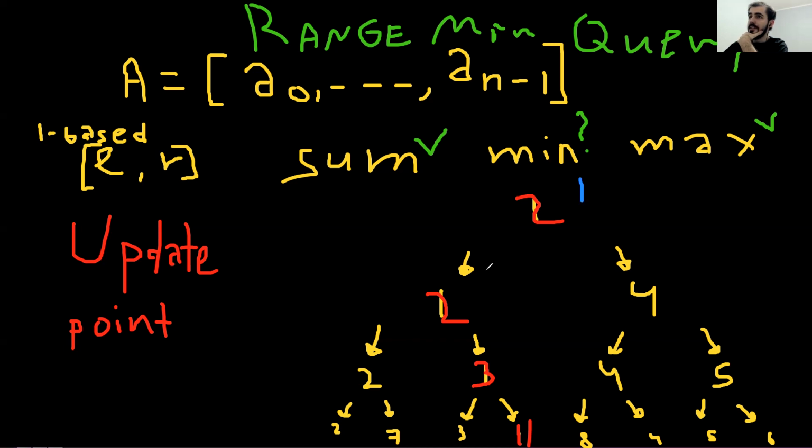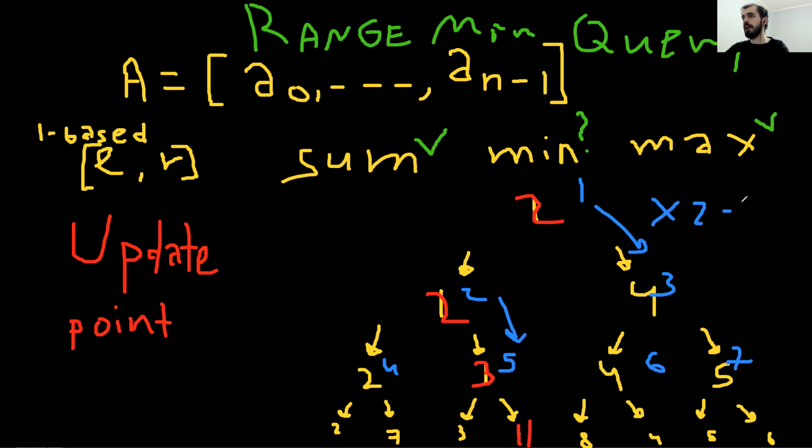You can say that the index of this element is 1, 2, 3, 4, 5, 6, 7, etc. So because of that, the left child always has double the ID of the parent, and the right child is always multiplied by 2 and add 1, which is typically represented as bitwise shift 1 or 1. Now let me make these ones visible. This is what you can typically see in the implementation.